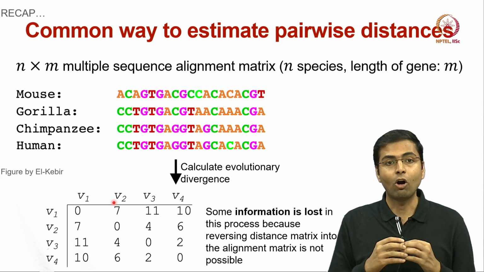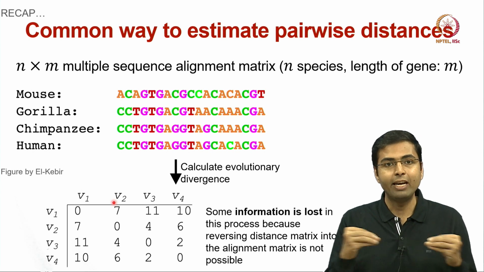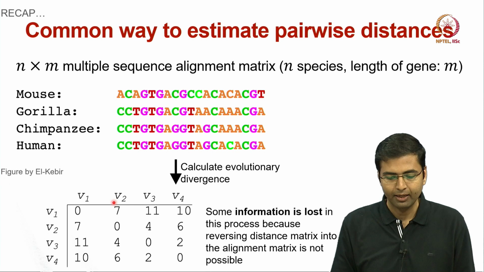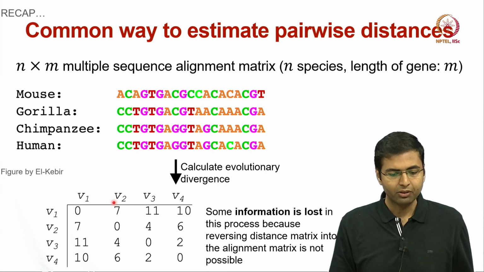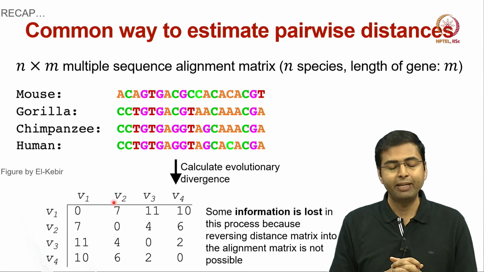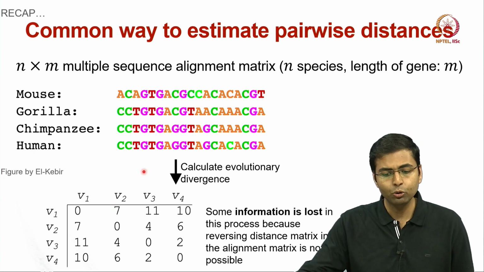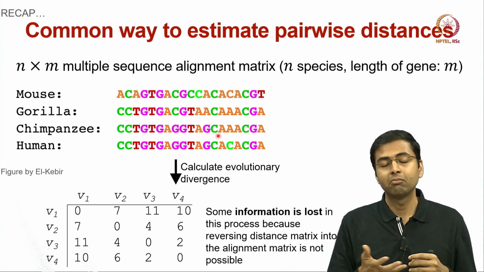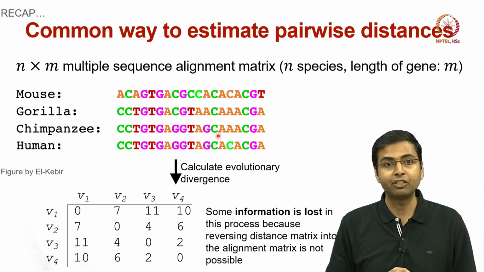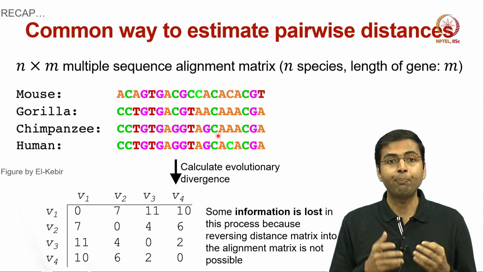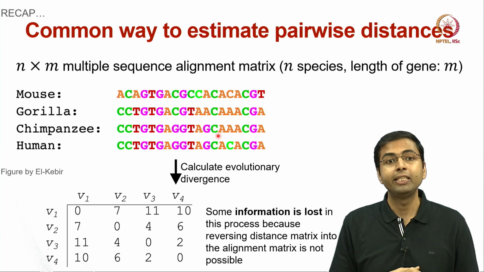So some information is lost when we are capturing the alignment information with distances. Now driven by this limitation, the motivation for character based methods is that maybe we can directly use the characters observed in the alignments and hope for a better or more accurate reconstruction that is more consistent with the biology, right. So that way we can pass more information to the algorithm.